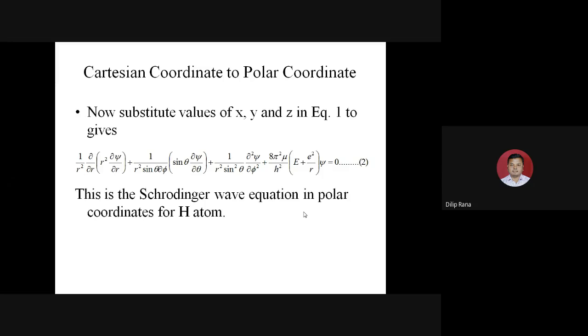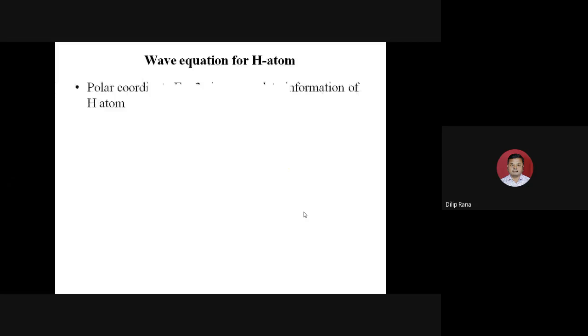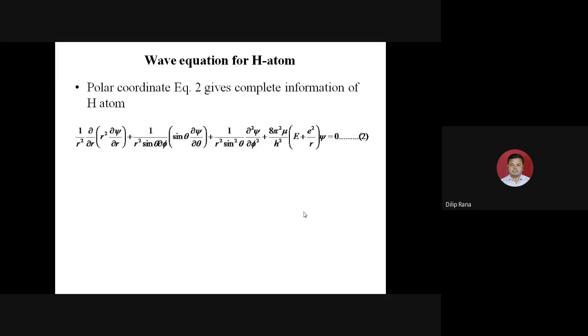So let's elaborate to determine the separate wave functions for this Schrodinger equation. If you have to determine the wave equation for hydrogen, this is the polar coordinate equation for the Schrodinger wave equation that we determined in the previous session. Here all these Cartesian coordinates are converted into polar coordinates. Polar coordinate means the radial function r related to the radius, and theta and phi.